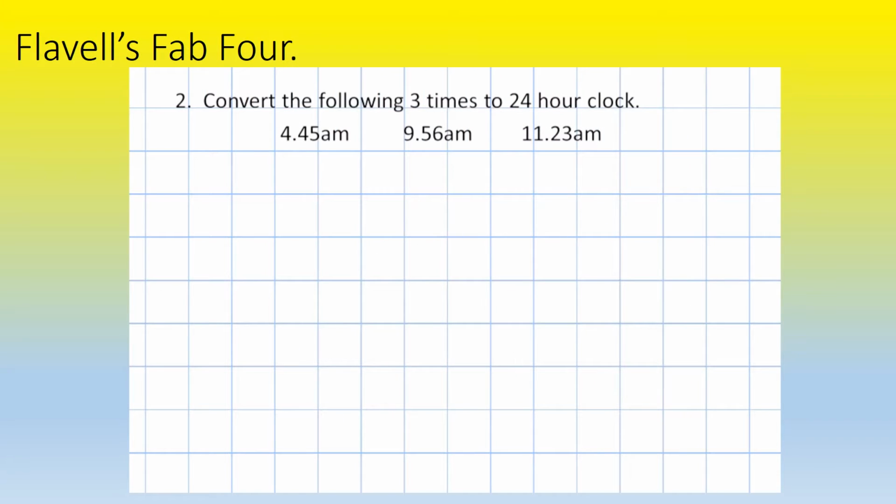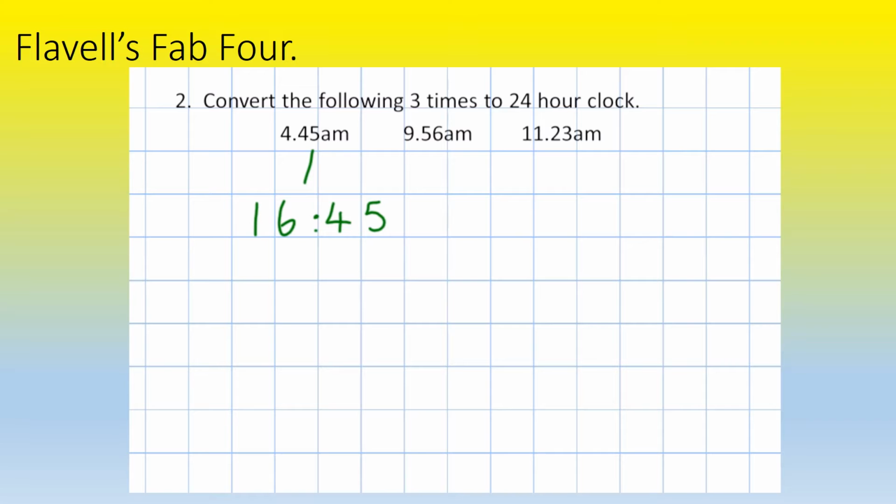Right, changing AM times into 24-hour clock. So basically, when you're thinking about doing that, the best way that I remember how to do it is add 12 hours to it. So if you add 12 to 4, you end up with 16:45. Okay, so 4:45 would be 16:45.